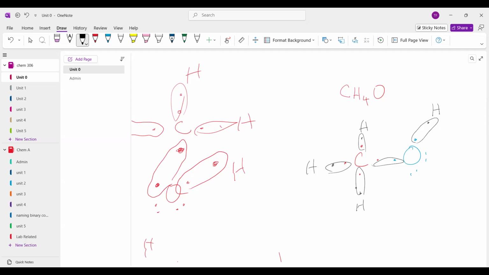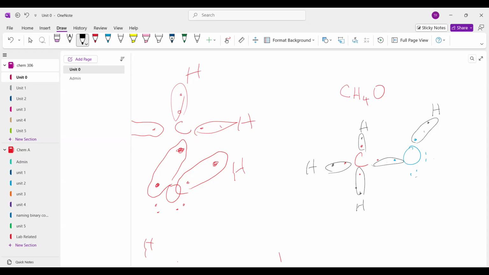Octet for oxygen. We've got 2, 4, 6, 8. So that's 8. That includes the pairs, even though they're non-bonding. So oxygen's good. Carbon's got 2, 4, 6, 8. Hydrogen's got 2, 2, 2, 2. So this is legal. Carbon has 4 bonds, and it needs 4 bonds. Oxygen needs 2 bonds.